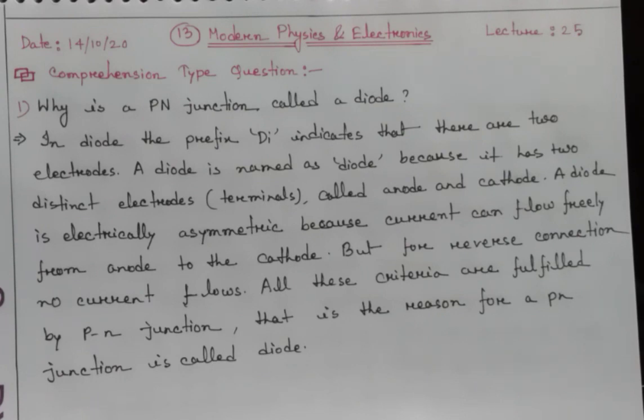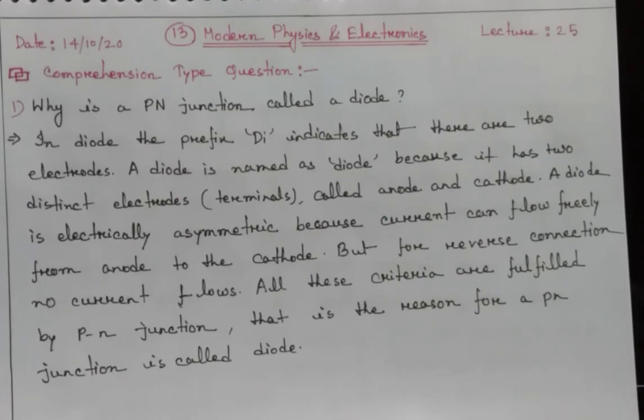These are called anode and cathode. A diode is electrically asymmetric because current can flow freely from anode to cathode only. This means it is unidirectional. But for reverse connection, no current flows in a diode.